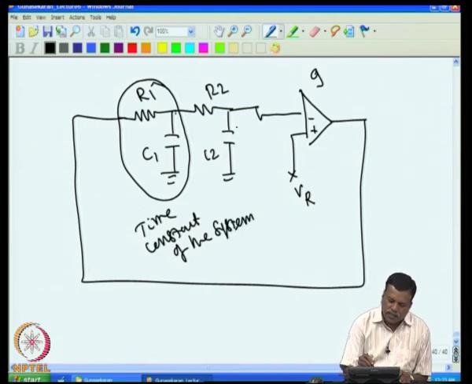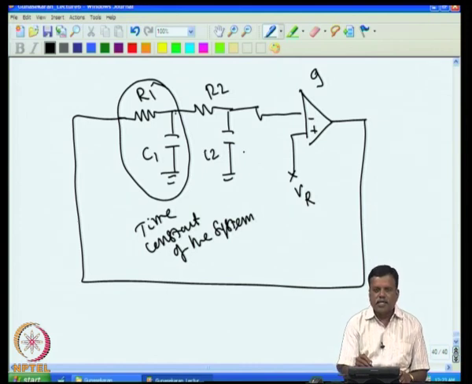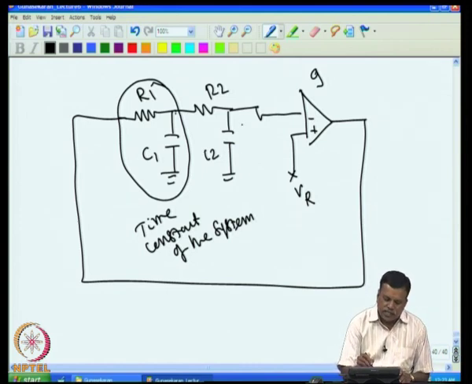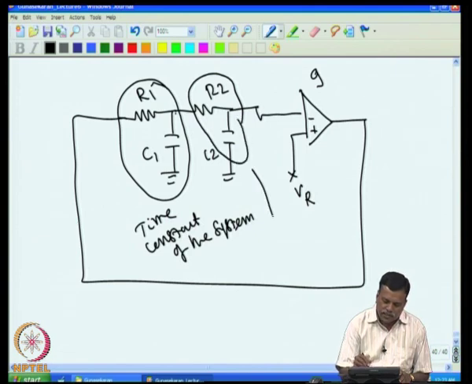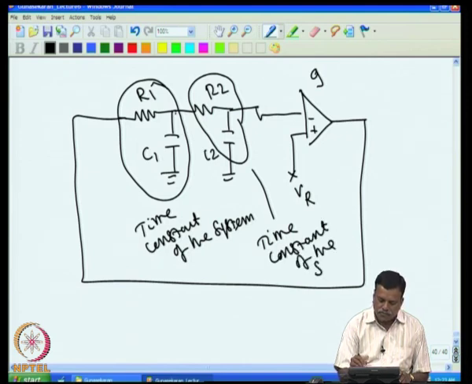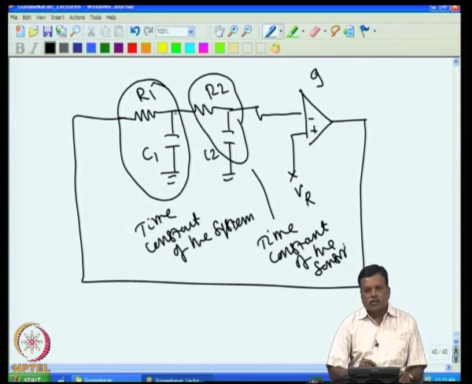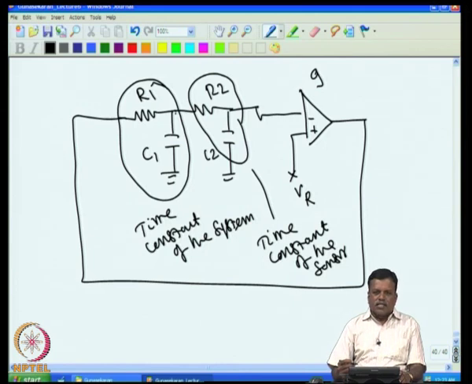Now, R2 C2 represents the time constant of the sensor. So, what we have done is model the system and the sensor into the control loop using low pass filters, that is R and C. We have realized the time constant of the system and the time constant of the sensor.